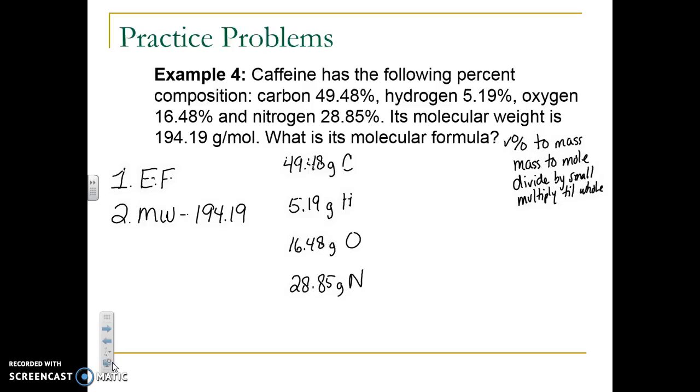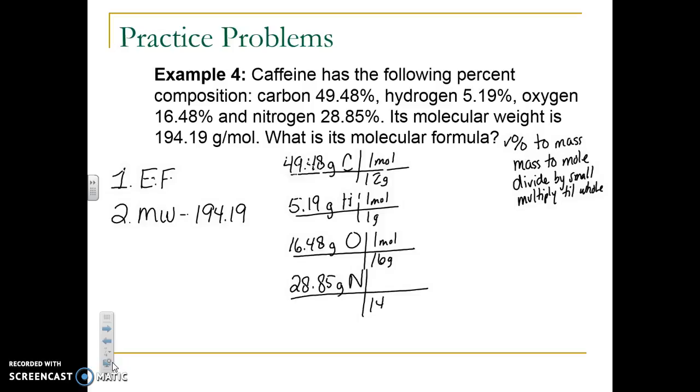Step 2 is to change our mass to mole. So we're going to divide each of these by their molar mass. Carbon is 12. Hydrogen is 1. Oxygen is 16. And nitrogen is 14.